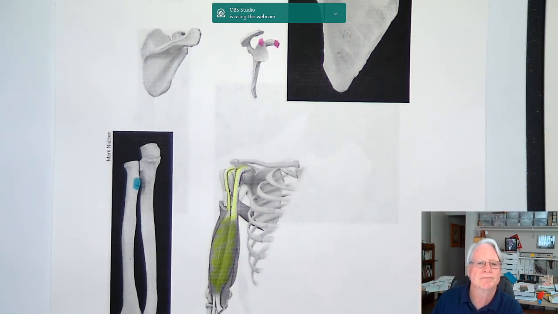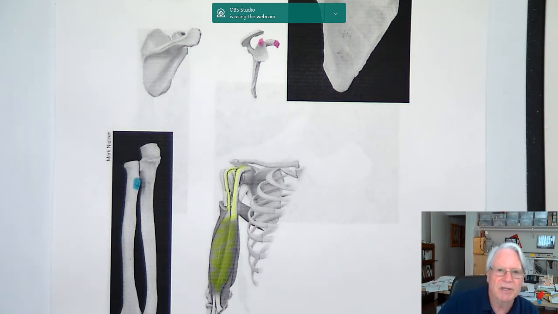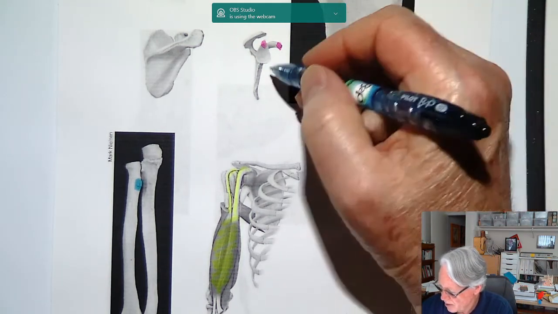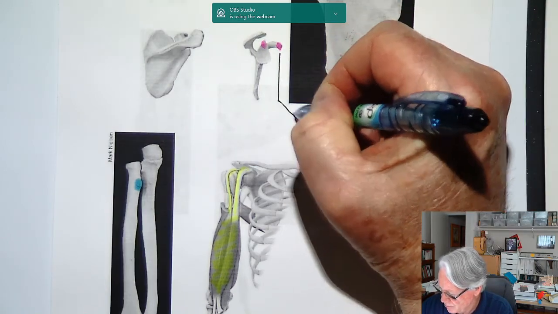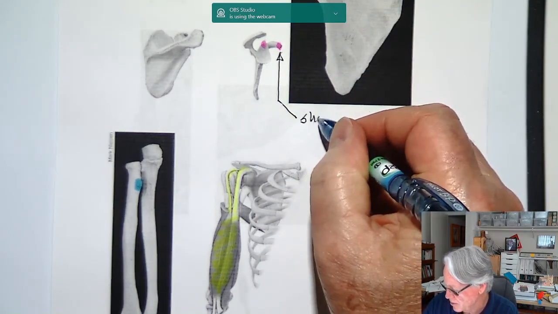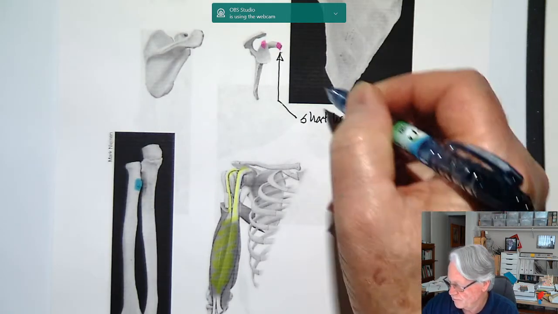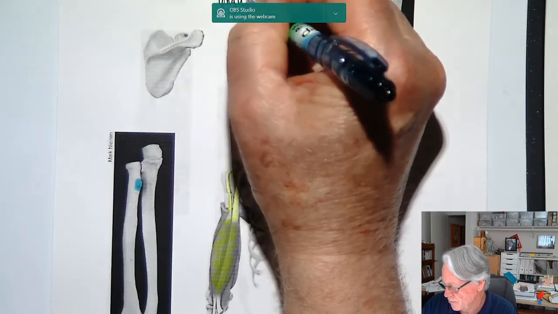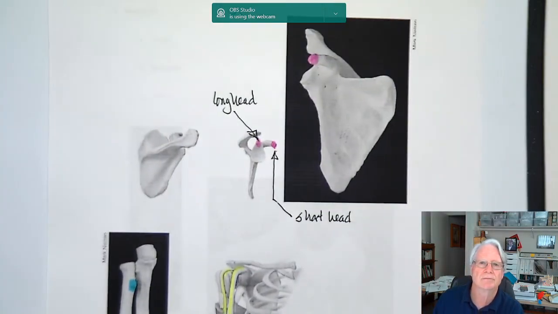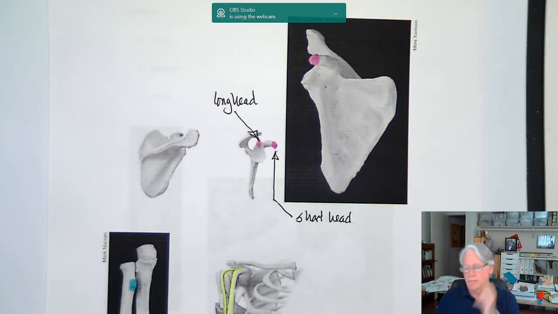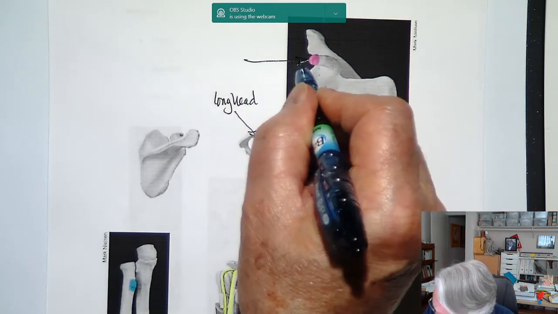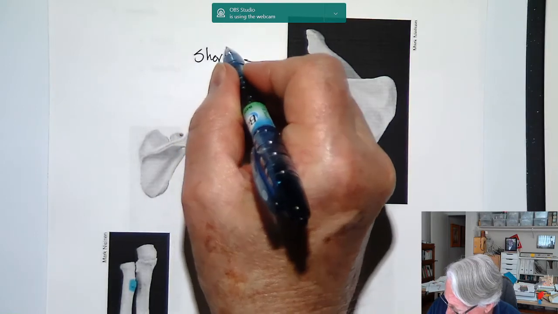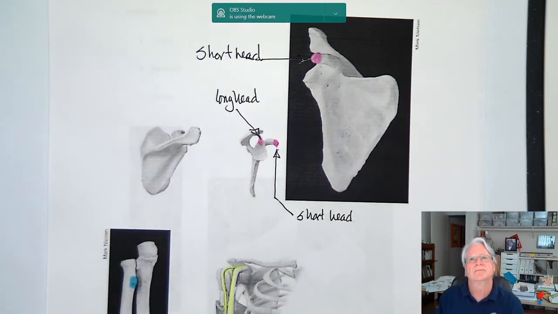Okay. All right, we can label these. This is the short head, and this is my long head, and this is the short head. Okay. So that's my biceps brachii.